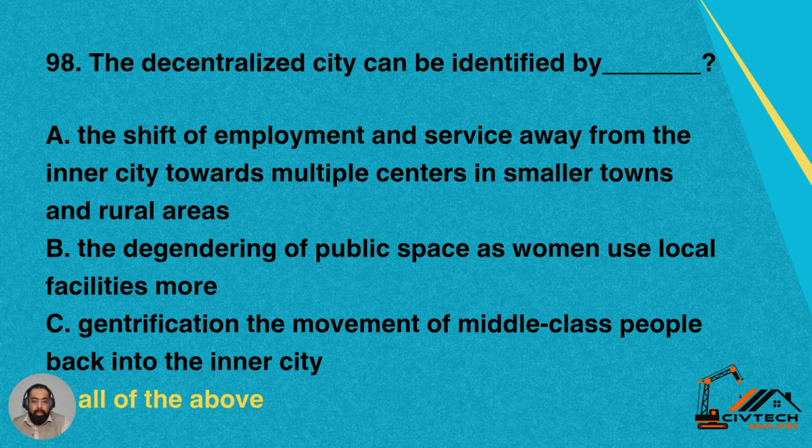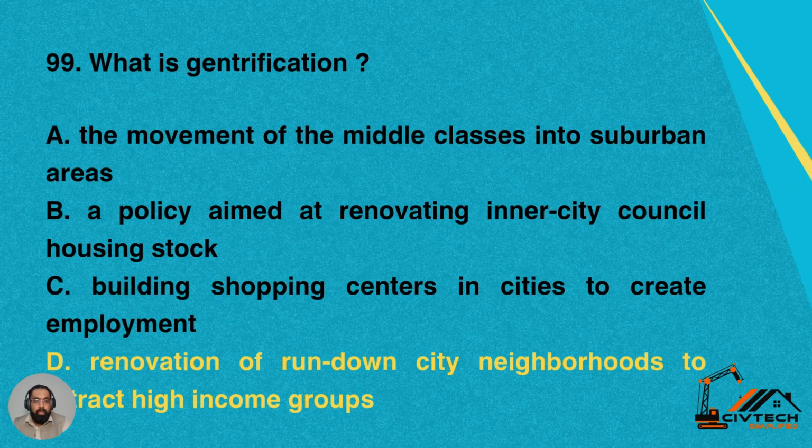D, all of the above. So all these are decentralized city functions or parameters. Employments are shifted and services are getting away from the inner city to the smaller multiple centers or business hubs in the town at various pockets depending upon the population needs, and then other factors are also considered. So option D is correct for this question.